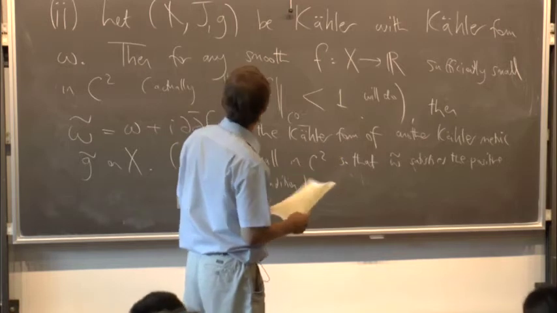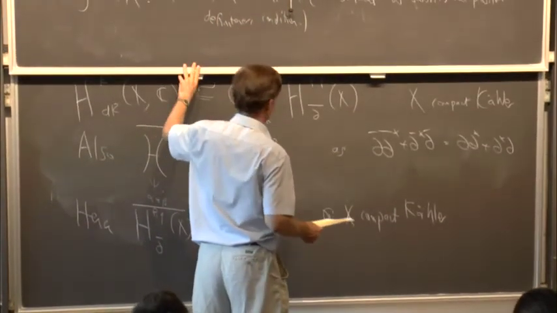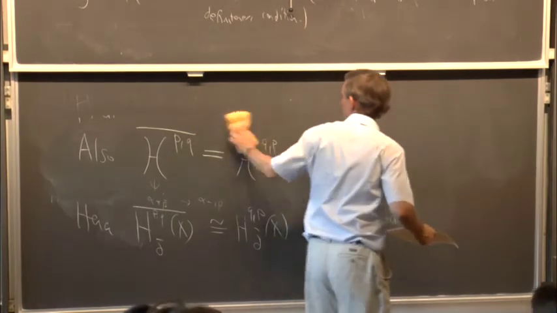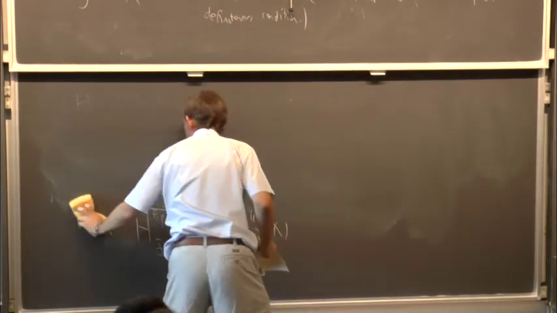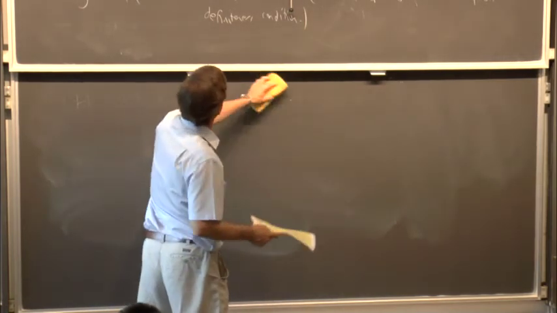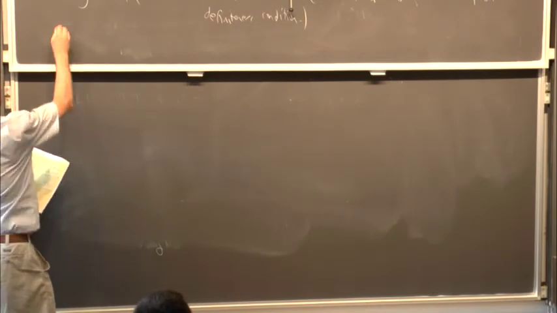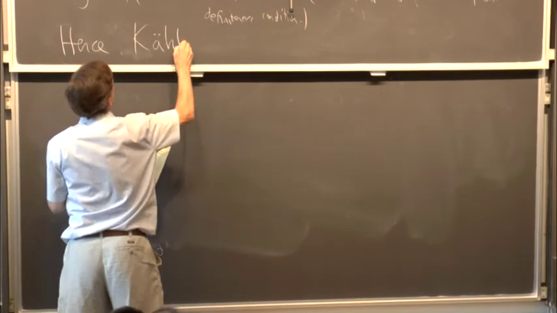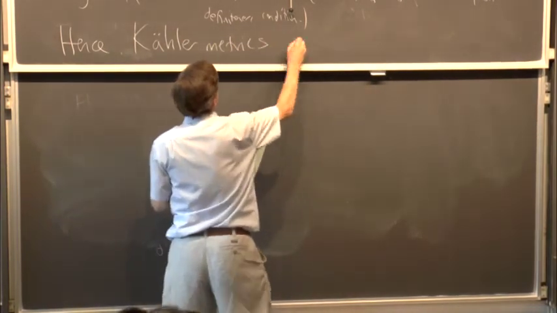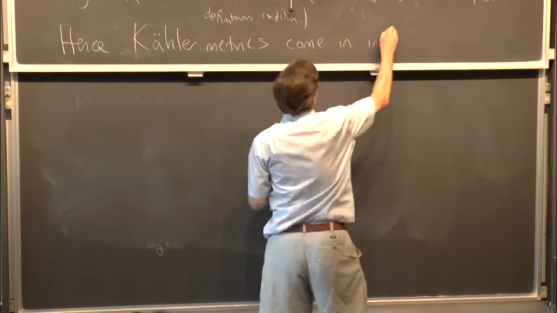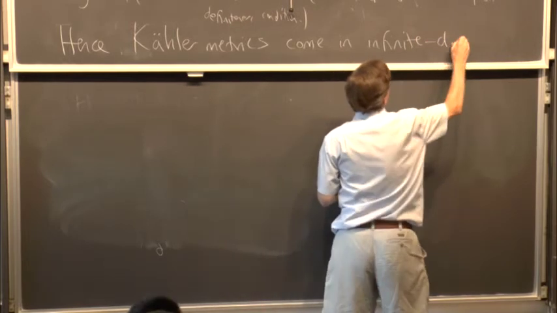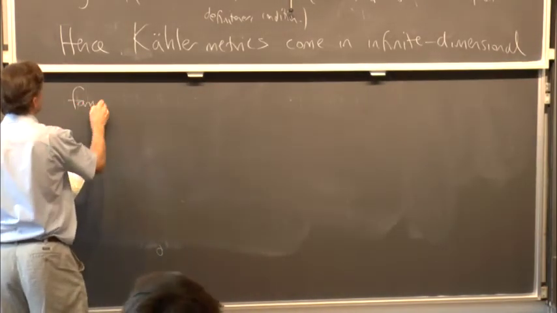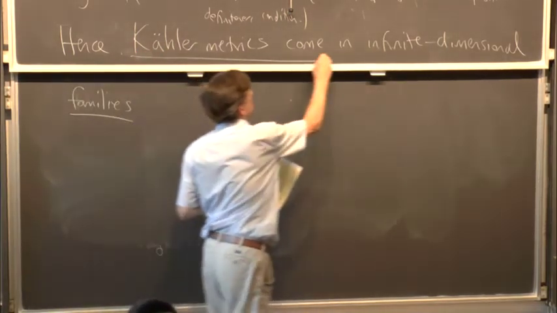Okay, so a conclusion is that because there's an infinite dimensional family of smooth functions f you could input here, hence you get that Kähler metrics come in infinite dimensional families in a non-trivial way.